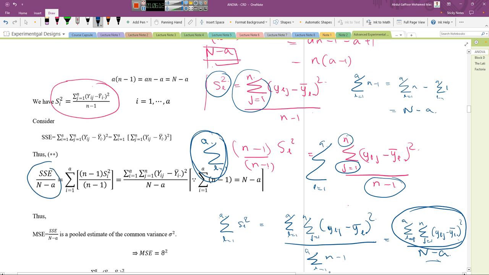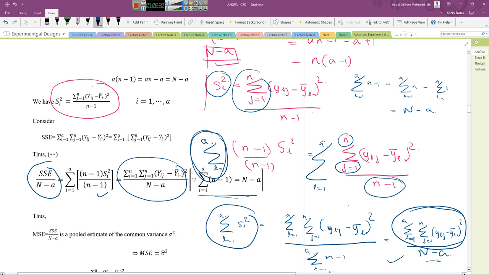Sum of squares divided by N minus a is equal to this, which we have already written, and this is equal to this what we have written over here, because this is this, right?